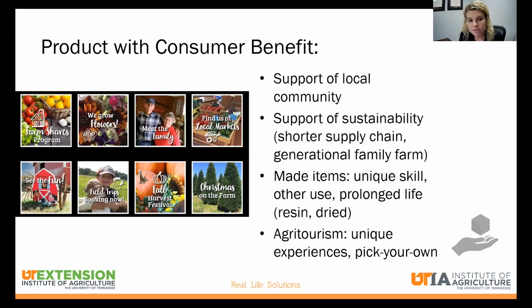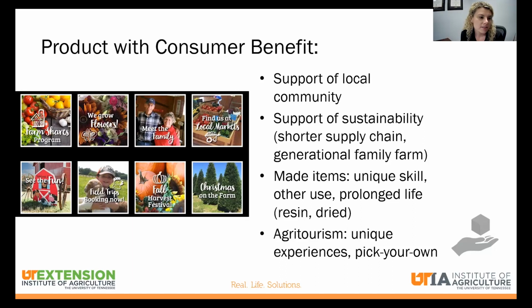How is a purchase from you supporting you and your farm, supporting a shorter supply chain, or being environmentally friendly? How are they supporting a generational family farm, and you get to continue your family's legacy by selling these flowers? Again, on the website, you might want to share those benefits that they're getting or how they can find out more about that on your website.